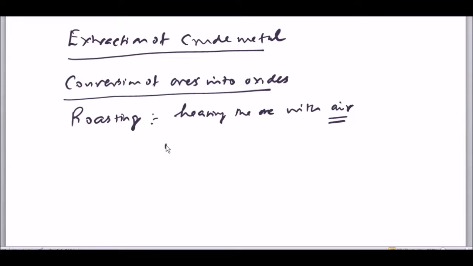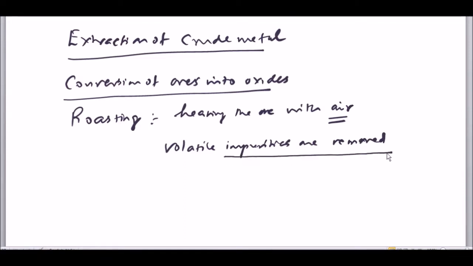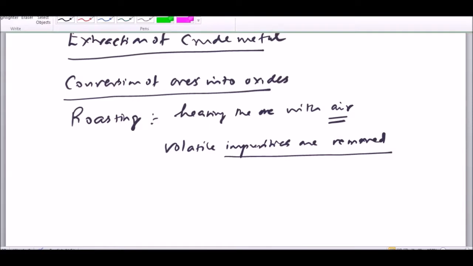So what's the significance of this? All your volatile impurities are removed easily, which means they are all separated from the ore, volatile impurities. What are called volatile impurities? The vaporizable impurities. You see the following example.